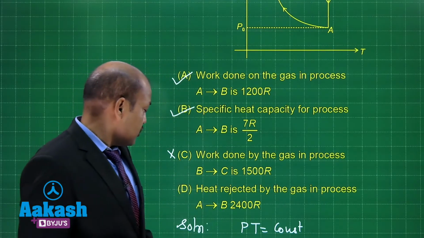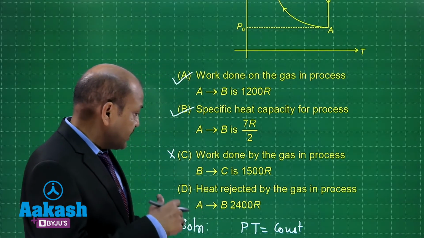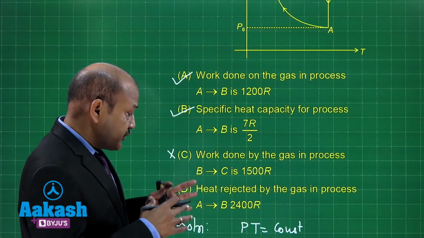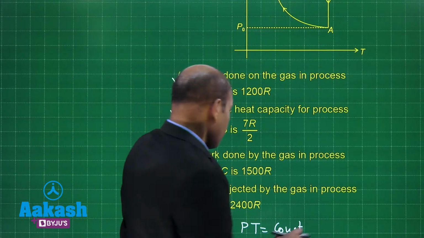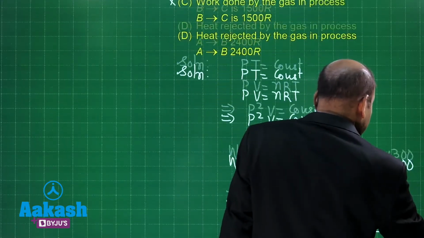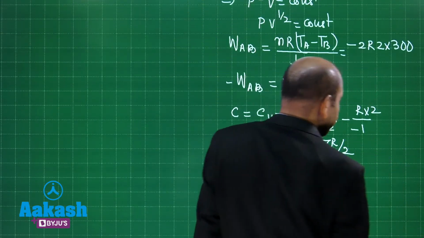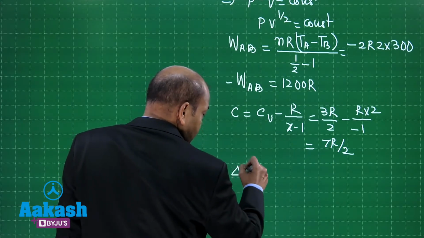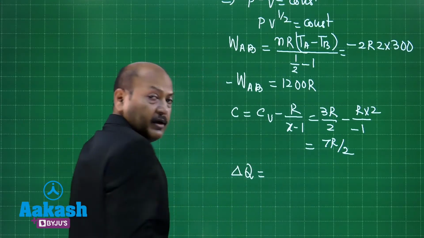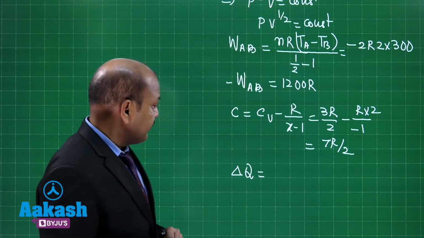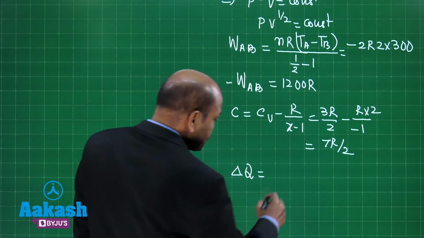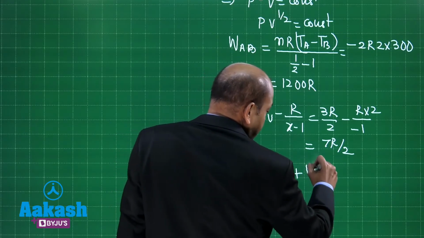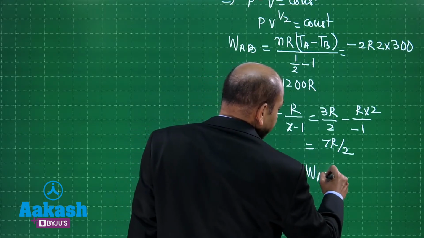Let's evaluate option D, which says heat rejected by the gas in the process AB is 2400 R. So, in the process AB, let us apply the first law of thermodynamics. Delta Q for process AB is equal to delta U plus work done by the gas, which we have already found.